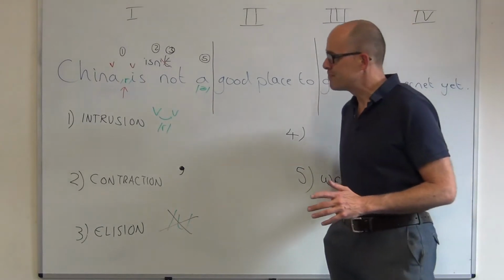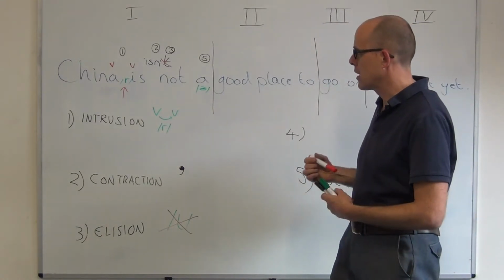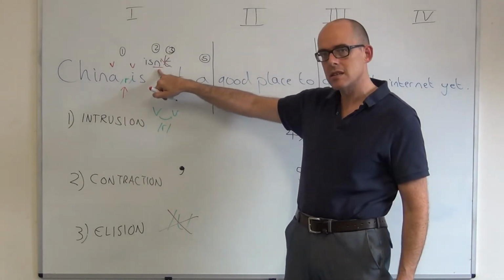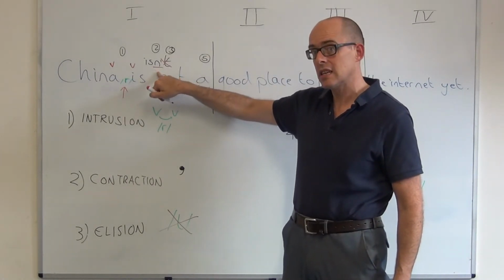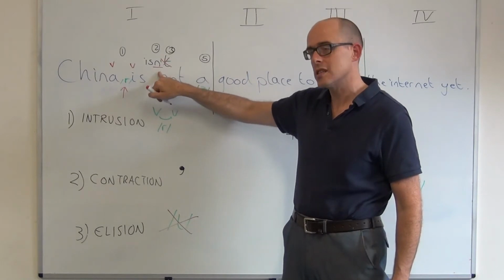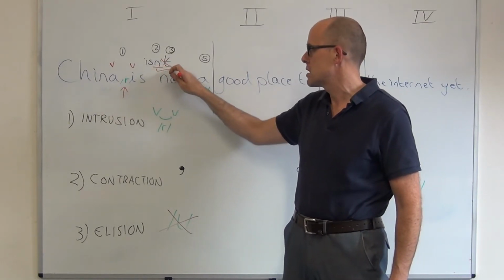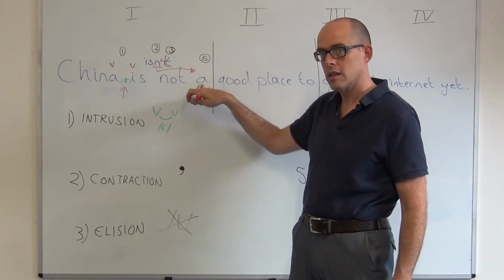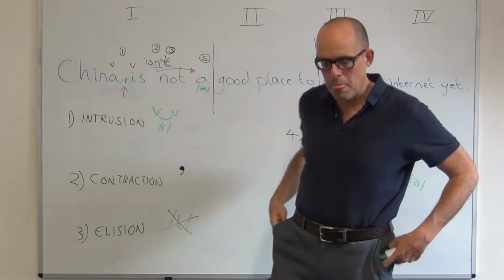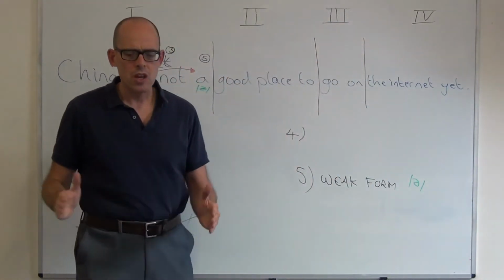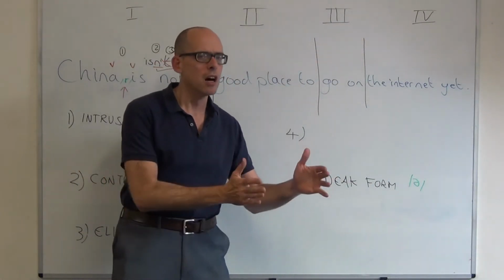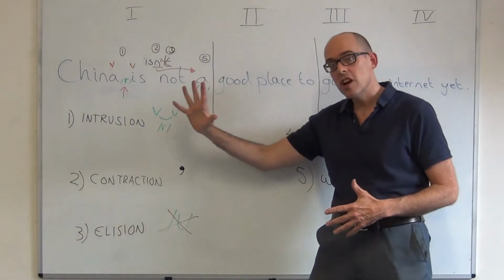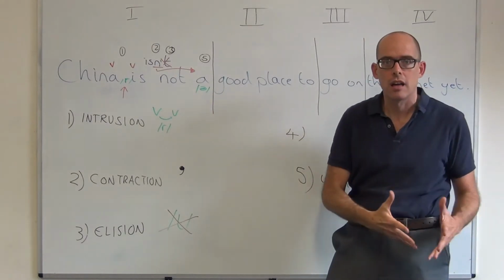What's happening here is this sound at the end of the contraction isn't. This consonant moves to the next word. Okay? So we don't say China isn't, but we do say China isn't.